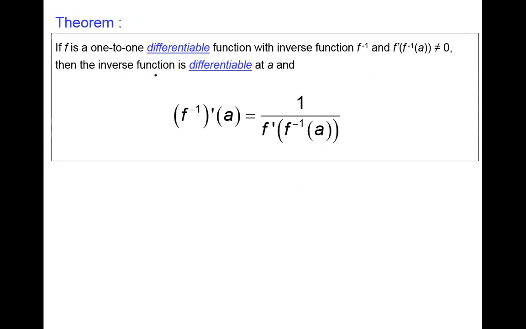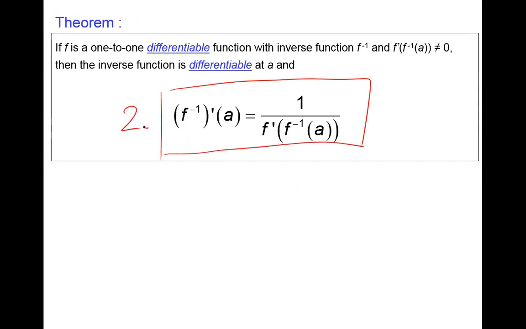It's just the switch. This is the second formula for this section. The first one was just the definition of the inverse. This one is the formula for the derivative of the inverse at the point a. Okay, and let's see how we can use it.